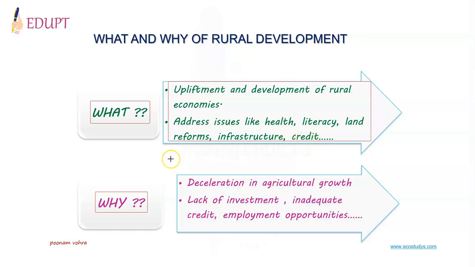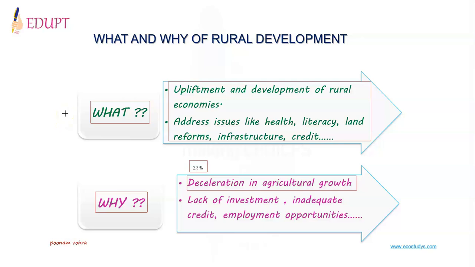Why should we be bothered about rural development? Simply because the rural economy is an example of an agrarian economy, and the problem is that the share of agriculture in GDP has been constantly declining, and the growth rate has decelerated to 2.3% after the economic reforms of 1991.